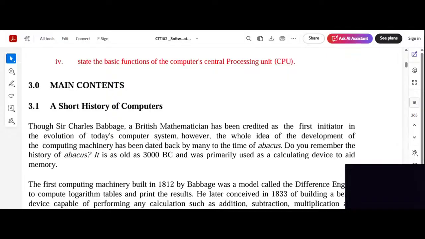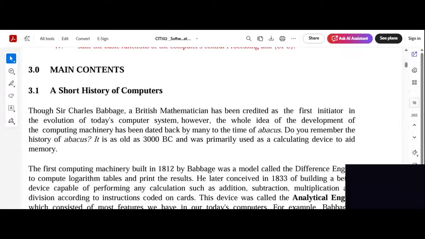Some people call it the brain of the computer. But when we get there, you will see why it qualifies to be the brain of the computer. That is where most of the work or activities the computer is undergoing are being done.